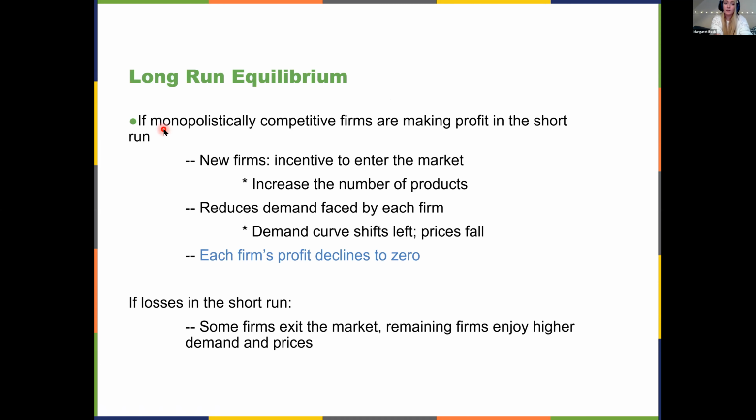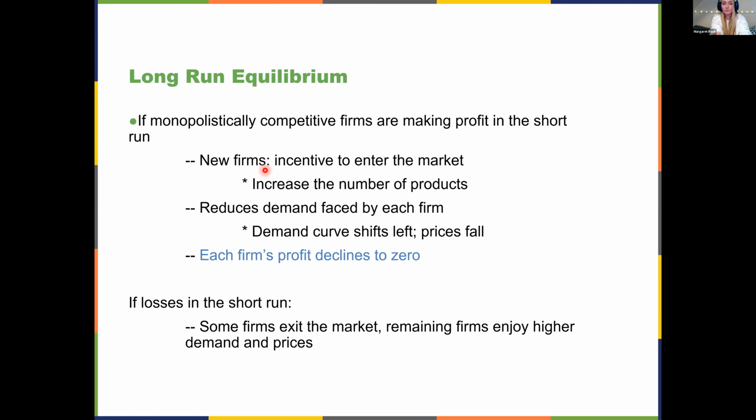Now, if a monopolistically competitive firm is making a profit in the short run, new firms are going to see that profit and say, hey, maybe it's a good idea that I start a business that sells something just like that company does, and I can enter the market and take away some of their profit and make some profit for myself.